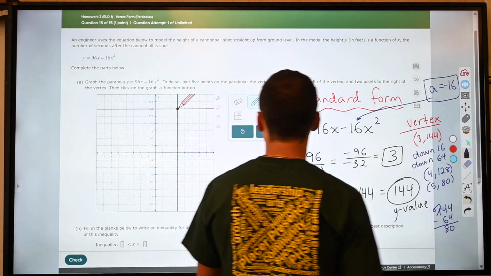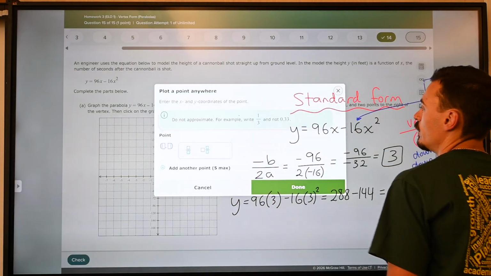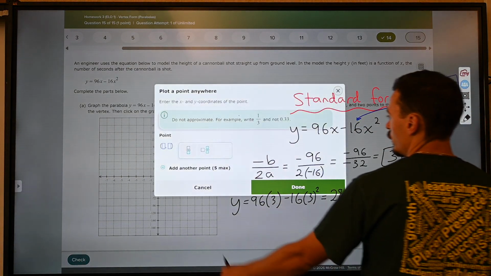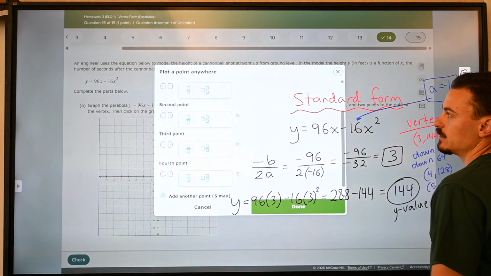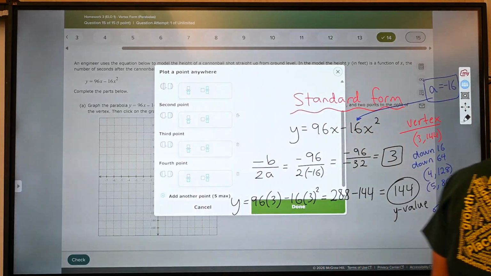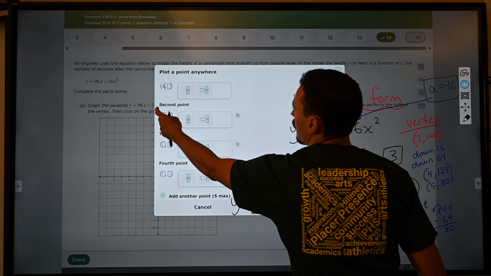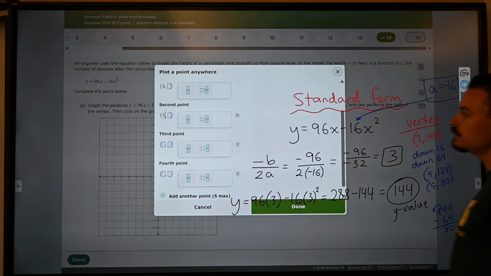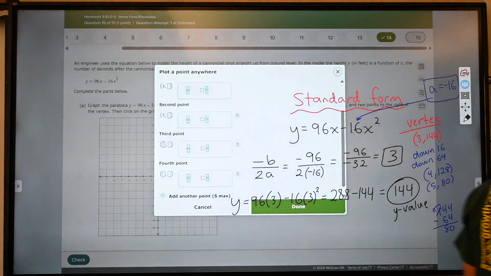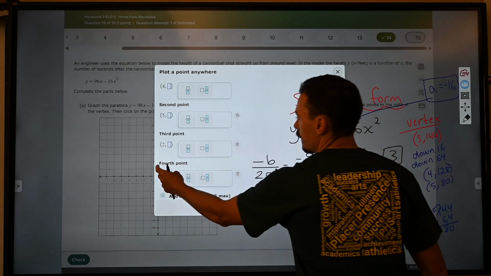We need to plot them with your plot a point tool. So you will do 4 coordinates. You need 4, 5, and we will also need 2 and 1.